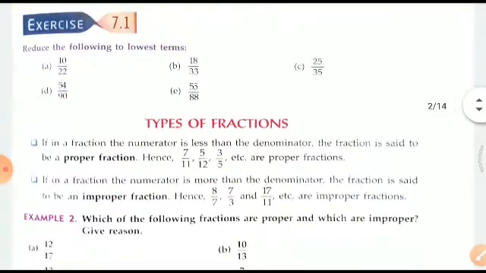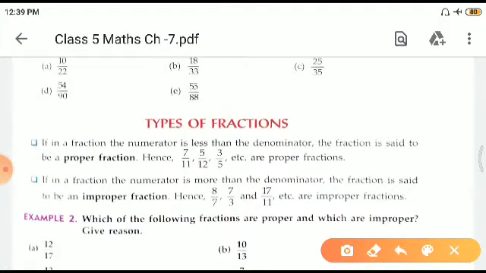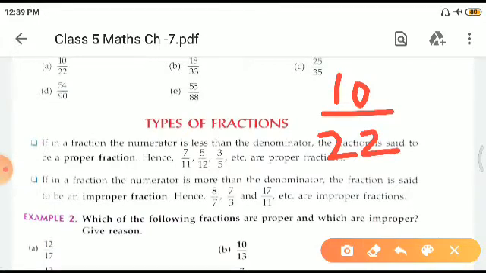Now let us do exercise 7.1. The first one is 10 upon 22. Right? 10 upon 22. We write here 10 and we write here 22. Both are even numbers, so they will be divisible by 2.